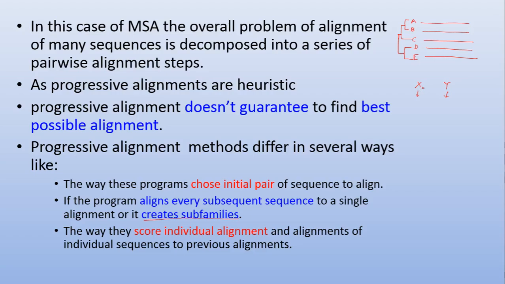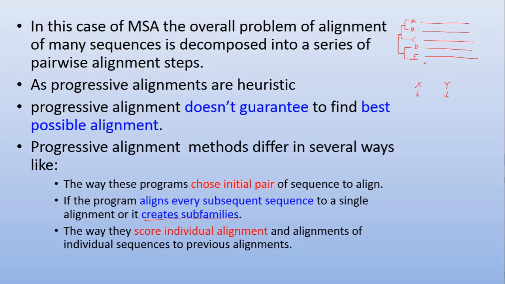So scoring can be a criterion in which two alignment programs can differ. They can differ in the way they select the initial pair, or on the basis of how they align the sequences, whether they create subfamilies or progressively go on adding the remaining sequences left in your set. These are the different ways in which progressive alignment methods differ from one another.